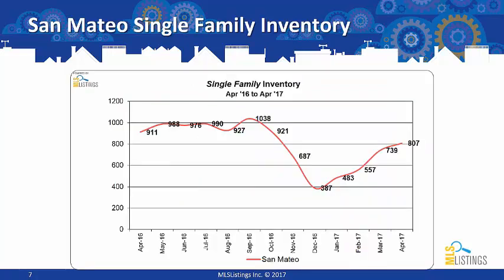But as you'll see here, April of 2016, we're at 911 listings. We're at 807 now. That's 11% down. So there is some softness in there. It's not rising as we would hope, because San Mateo and Santa Clara counties have the largest percent of listings, and so they're pretty good bellwethers to see what's going on.